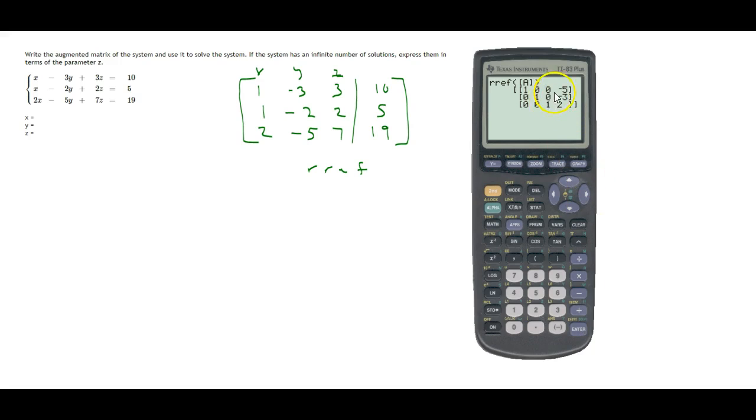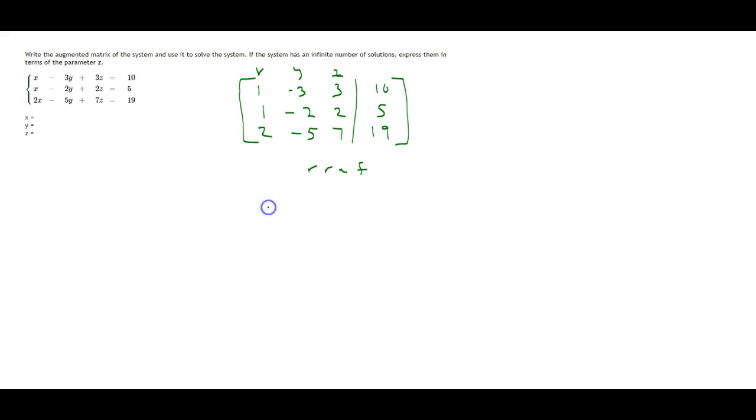Okay, so what does this tell me? It looks like I have 1, 0, 0, negative 5, 0, 1, 0, negative 3, 0, 0, 1, 2. So I'm going to write my new matrix over here. This is after we reduced it.